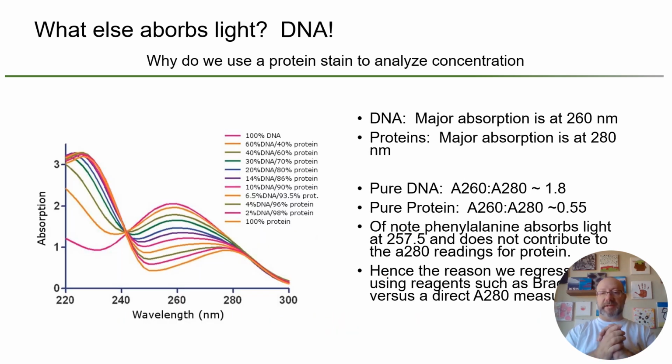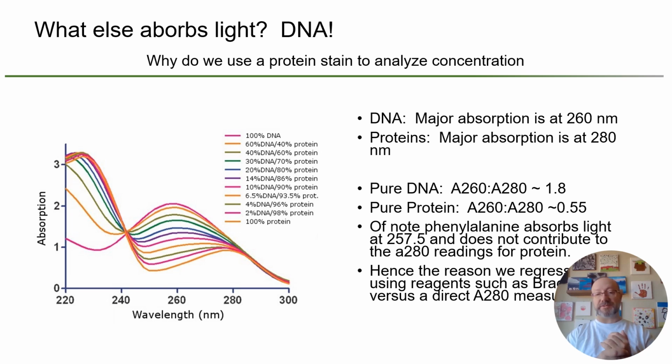DNA absorbs light at 260 nanometers. I hope you all know that by now at this point in your academic career. Proteins primarily absorb at 280 nanometers. There is one exception to that. For pure DNA, the A260 to 280 ratio is around 1.8.